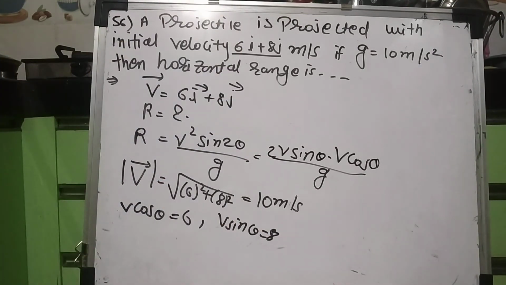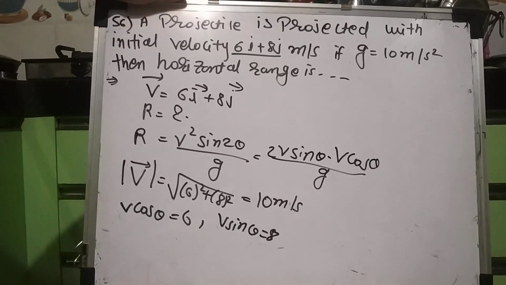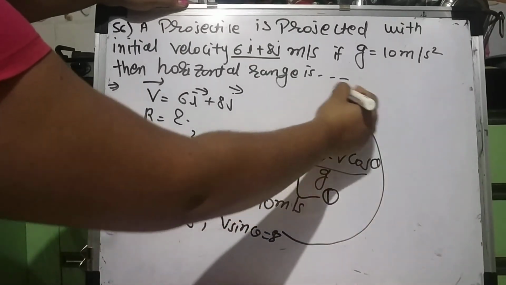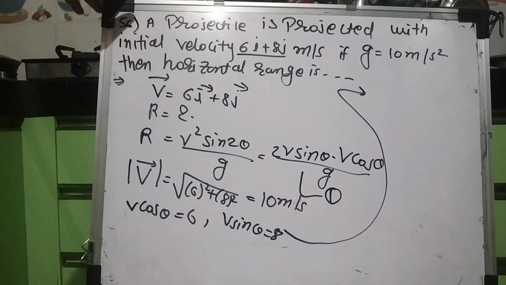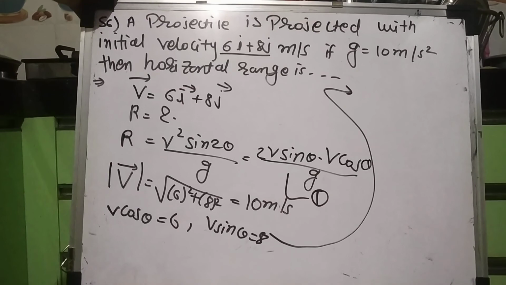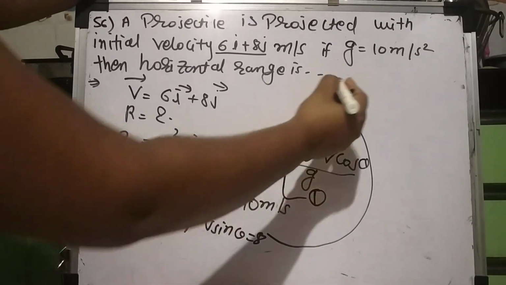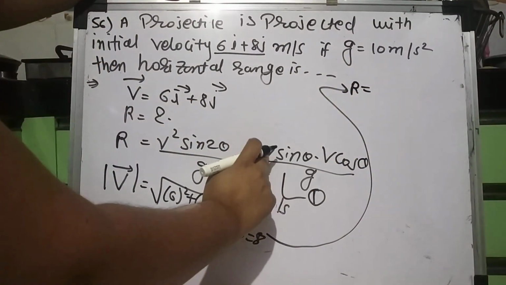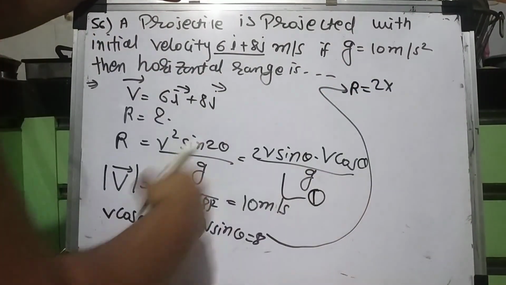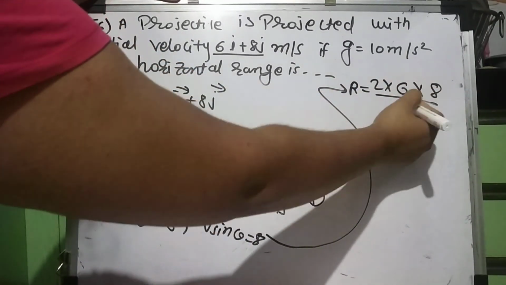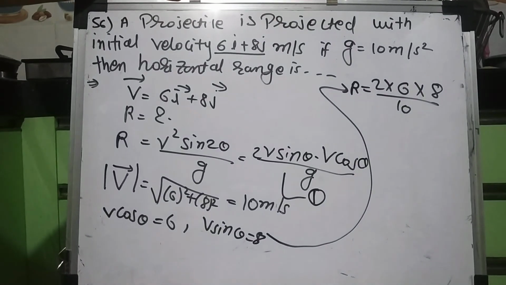And g is 10 meter per second square. Simply put the values of v cos theta, v sin theta and g in equation number 1. So by putting the values, we get the horizontal range: 2 as it is, v cos theta is 6, v sin theta is 8, divided by 10.